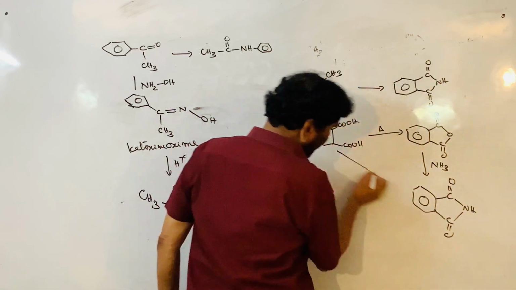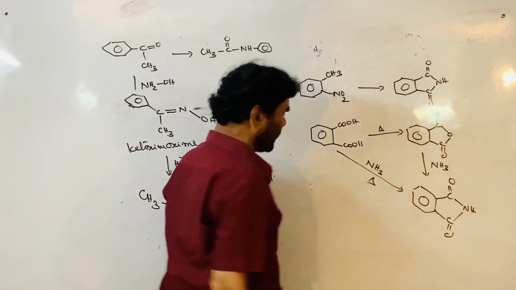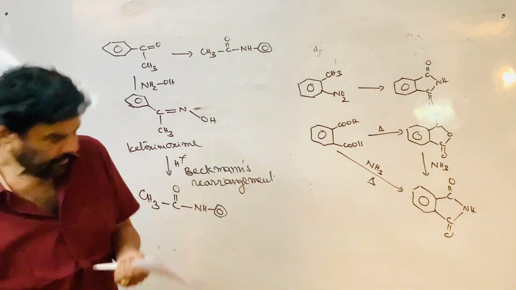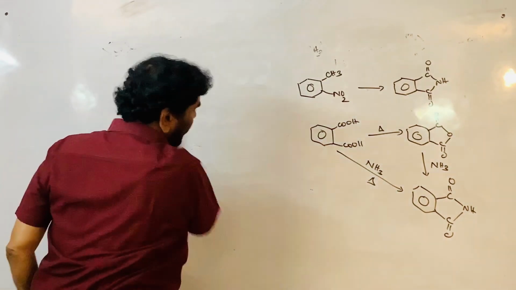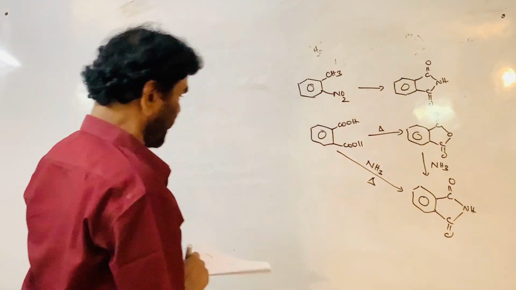Or directly on heating phthalic acid with ammonia, you can prepare the phthalamide. Yesterday we discussed this in the Gabriel phthalimide synthesis, where alkyl halides can be converted to primary amines.